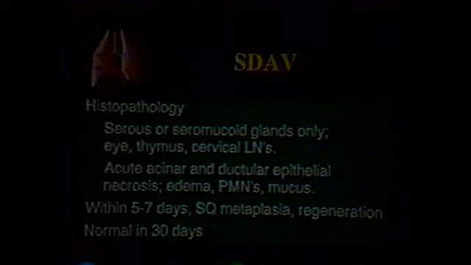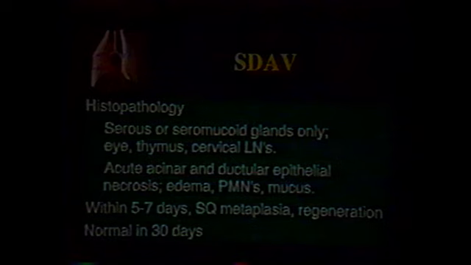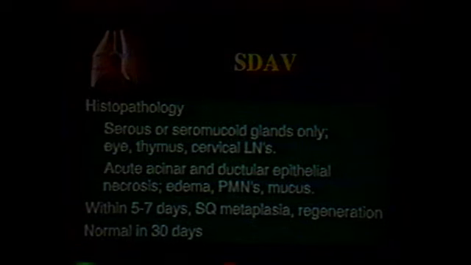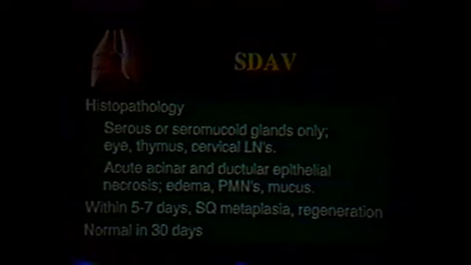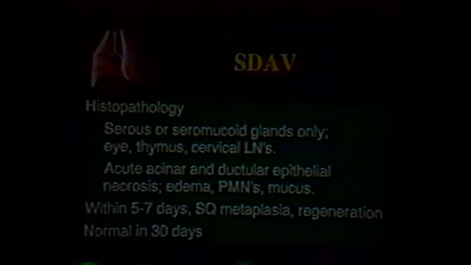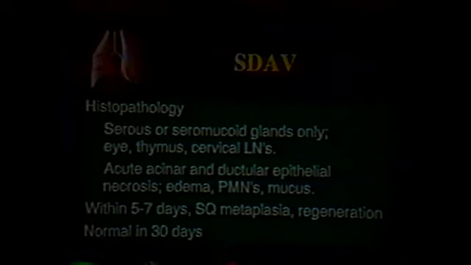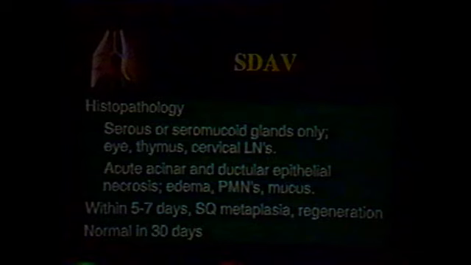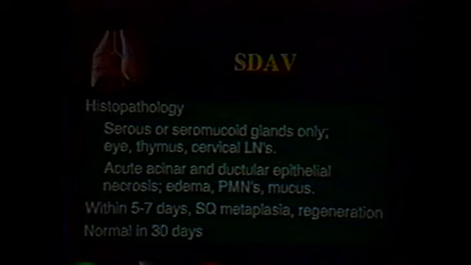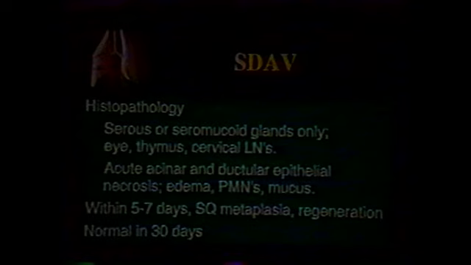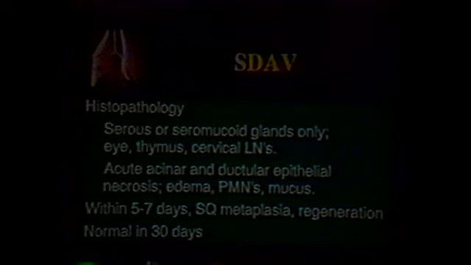It may be sufficiently severe as to efface the entire architecture of the gland. And then within a week, within 5 to 7 days, you get recovery. You get recovery by squamous metaplasia, which then remodels, and you get regeneration of the epithelium. And within 30 days' time, the gland is histologically normal, and there's no evidence that there was ever an infection there.